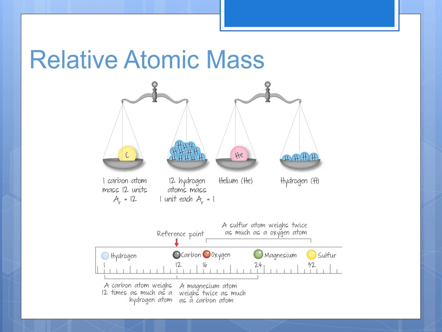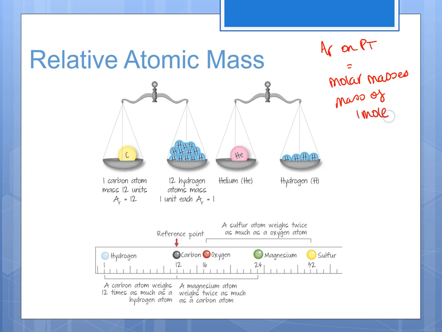Because the periodic table was based off carbon 12 and the mole was based off carbon 12, that now means that the relative atomic masses on the periodic table are also equal to the molar masses, which is essentially the mass of 1 mole.